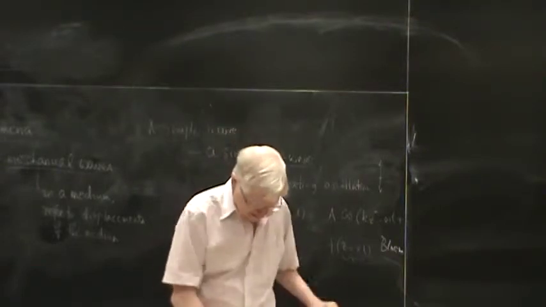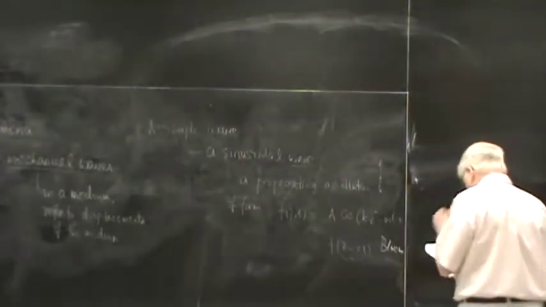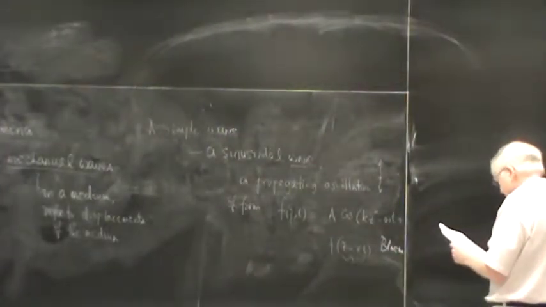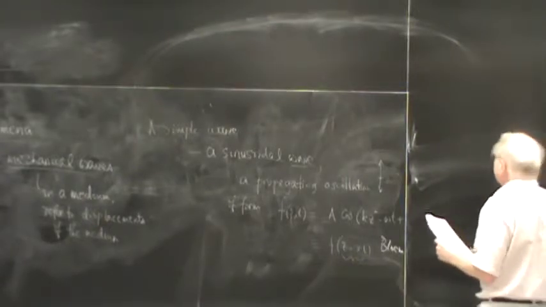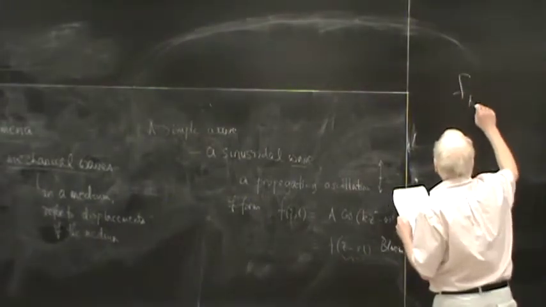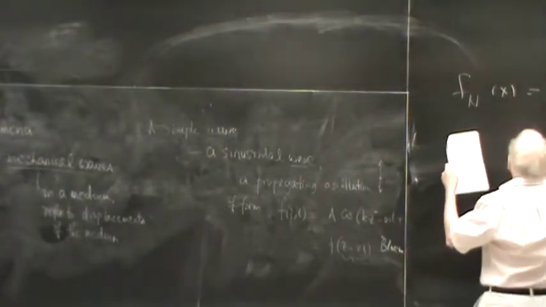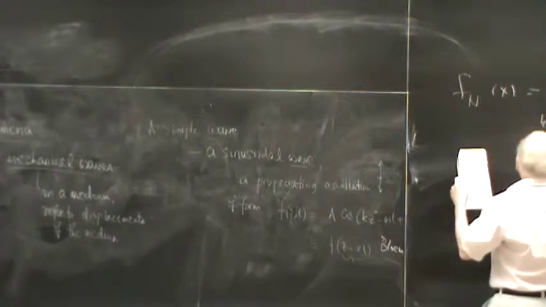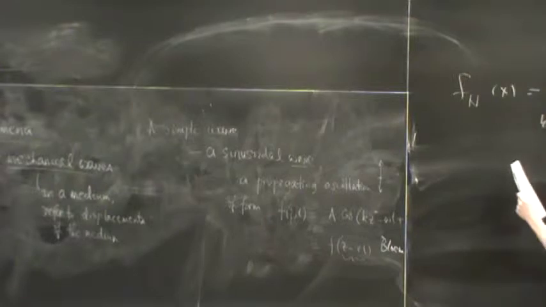All right, so let's see where we were. The question was, how does a Fourier series converge? First of all, what we mean, of course, is F_n of x is the sum from k equals minus n to n. So this is looking at the series from a mathematical point of view, in which it's a finite series, and then we take the limit as n goes to infinity.